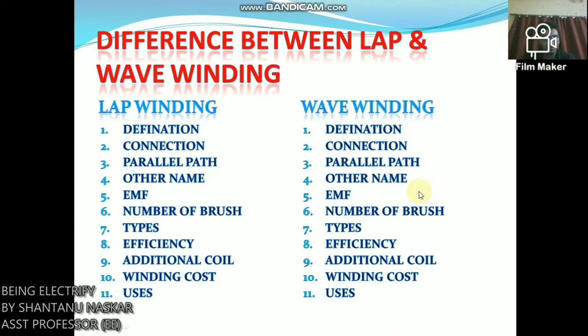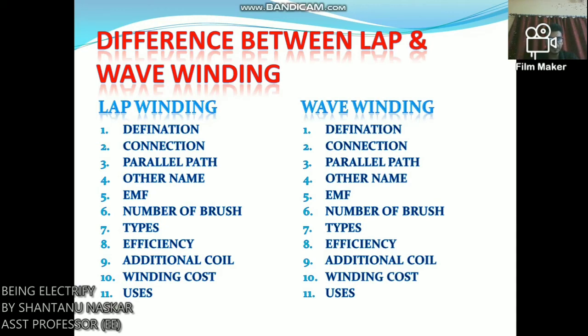Now the difference between lap winding and wave winding. So these are the differences. First, definition: for lap, the coil laps back to the succeeding coil. For wave, the coils of the winding form a wave shape.